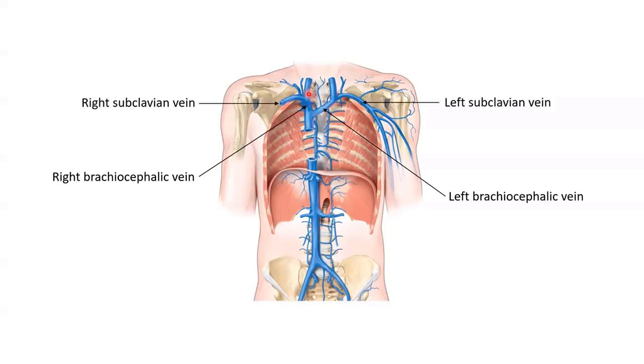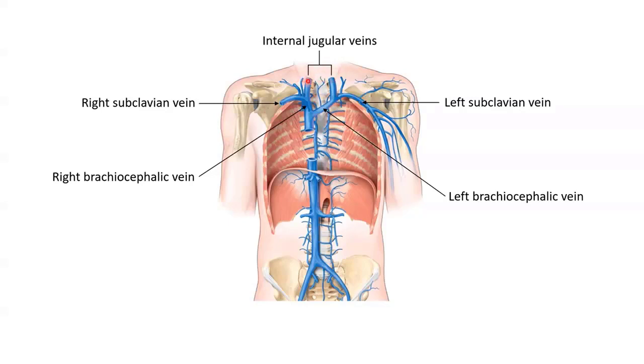We have our right and our left subclavian veins, which drain blood from our right and our left arms. And then the only difference is that we have blood returning from the brain, the face, and the neck via two internal jugular veins. So not common carotid veins, we have two internal jugular veins.